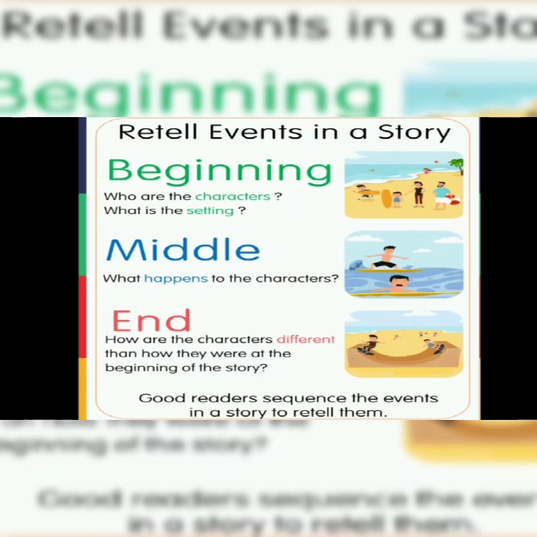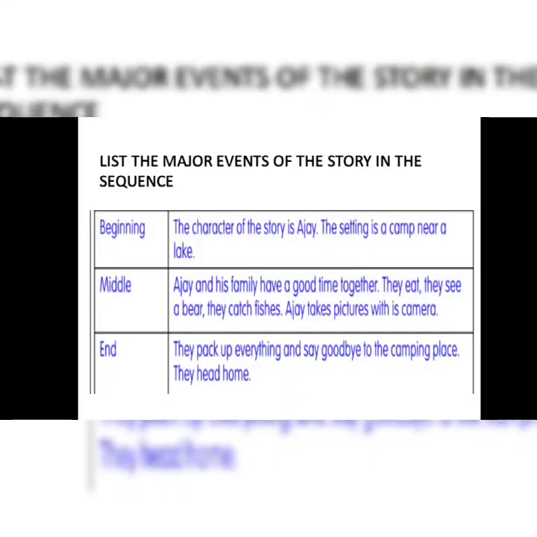And in the end, how the characters are different from how they were at the beginning of the story. That means you have to write the difference. So just remember this rule, and by following this rule the answer will be this.